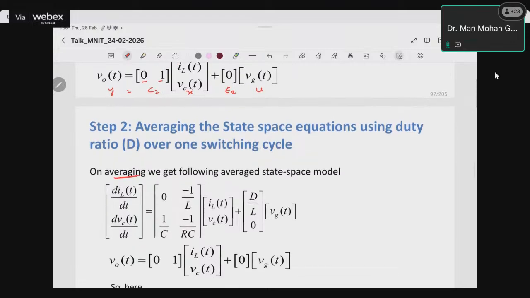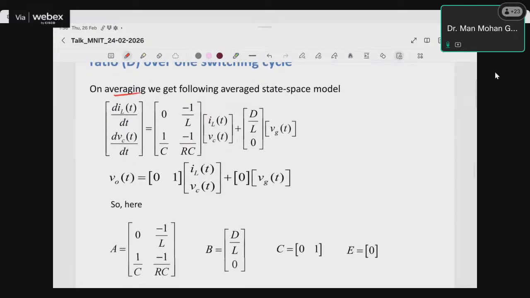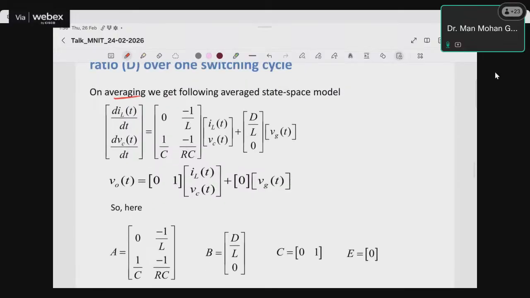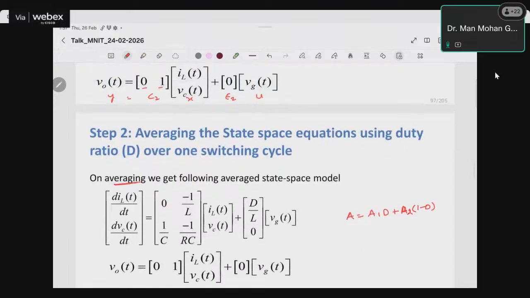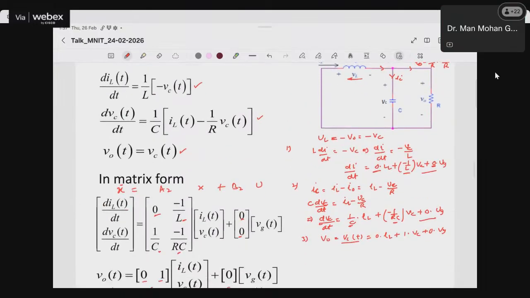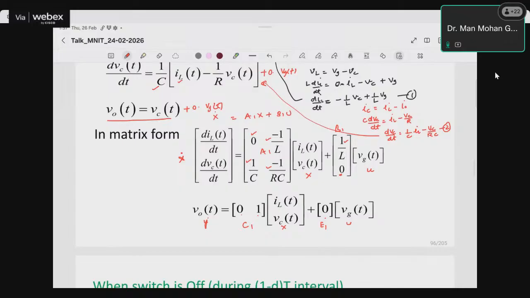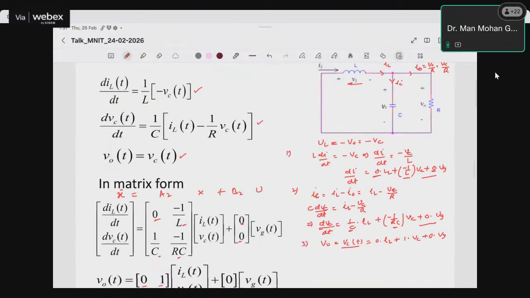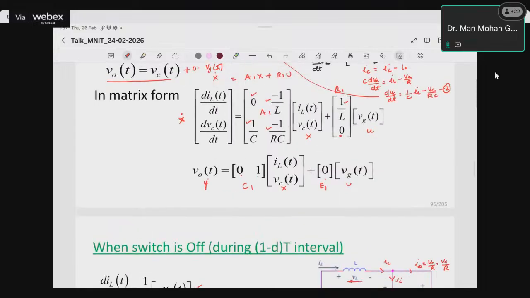So in averaging, how do we do averaging? Our A matrix is A1 D plus A2 (1 minus D), right? So how to obtain this A matrix? A matrix is A1 into D plus A2 into 1 minus D. We'll see both matrices are same.